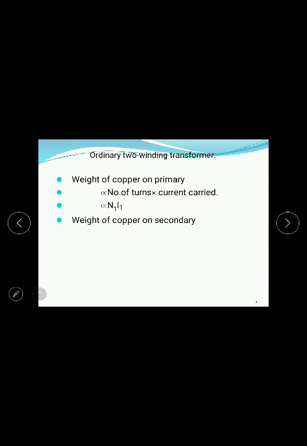And the weight of copper on secondary is the same, N2 I2, and the total weight of copper is proportional to N1 I1 plus N2 I2. This is for an ordinary two winding transformer.